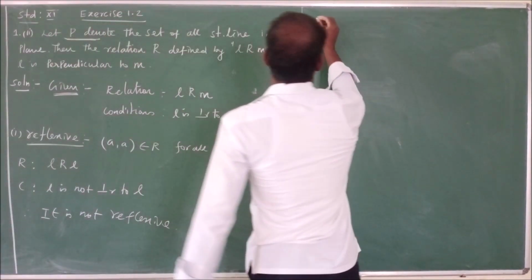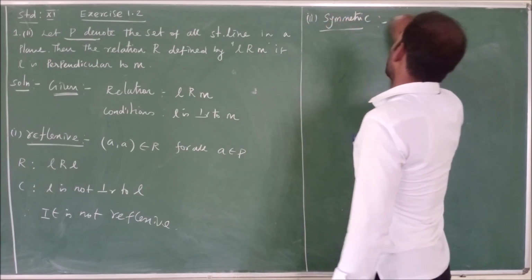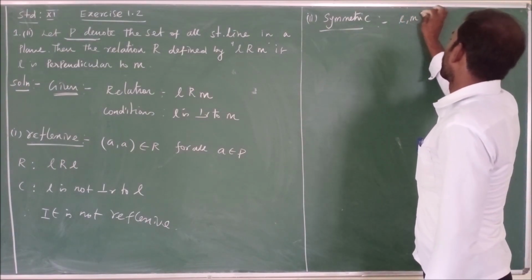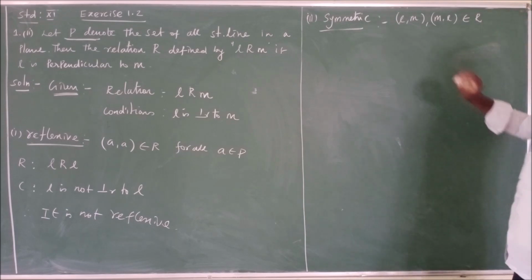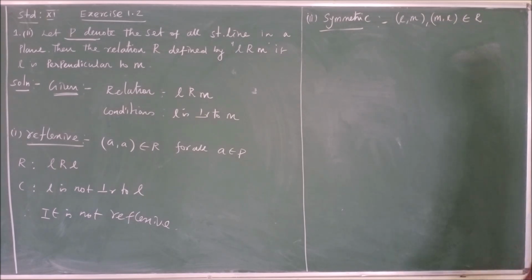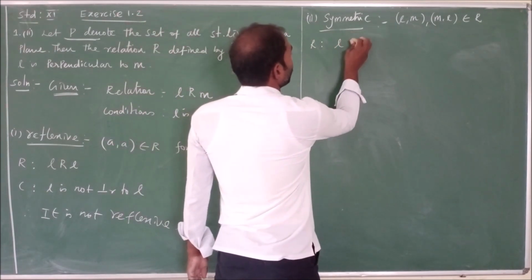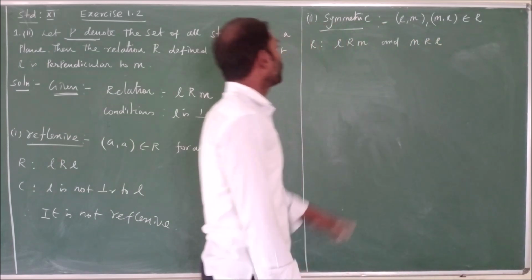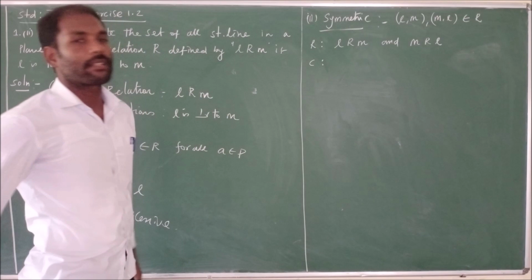Second condition, symmetry. The basic definition for symmetry: let us take any two straight lines L, M, and (L, M) and (M, L) belong to R. What is the relation? L is related to M and M is related to L. What is the condition?